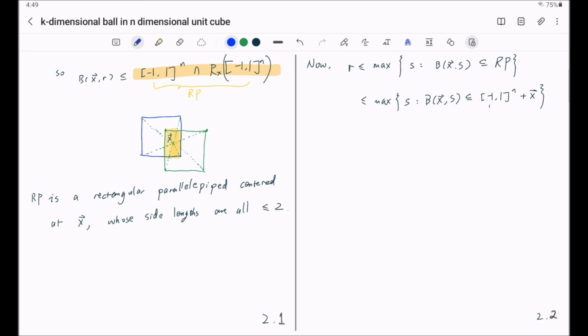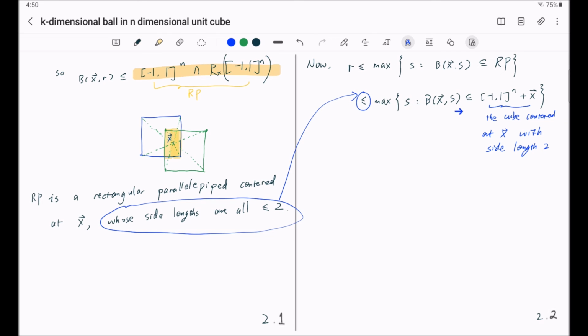The geometric meaning of this is the cube centered at x with side length 2. This inequality follows from the fact that the side lengths of RP are all less than or equal to 2.